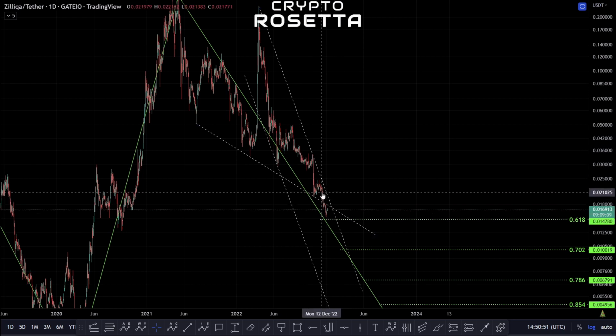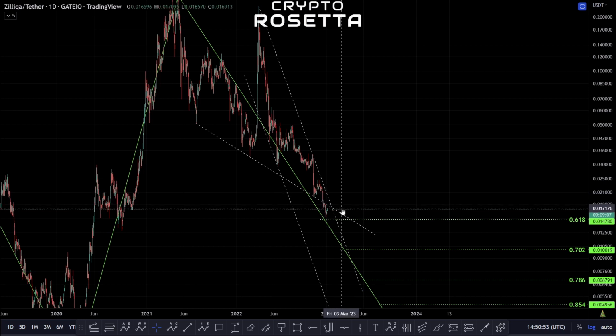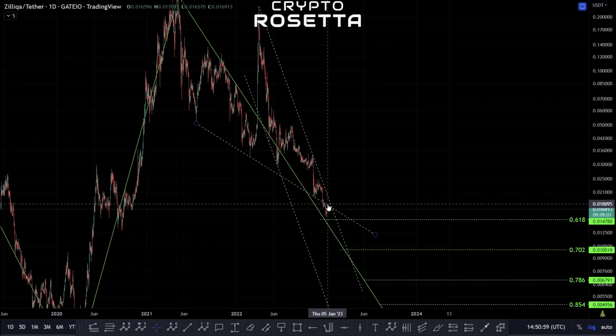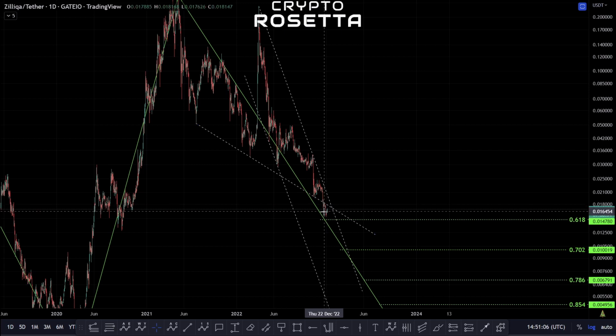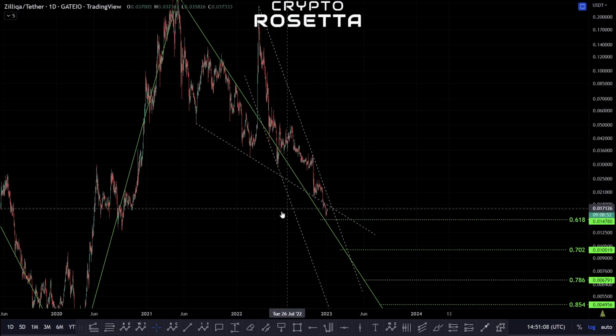So once we get that move come in, then it'll be easier for us to decipher which one of these options is playing out. We'll still have to monitor them side by side until we get some kind of confirmation that one or the other is in play, but we'll be keeping an eye out for these breakouts and try to keep you up to date as best we can.